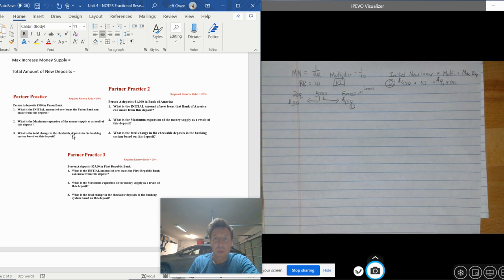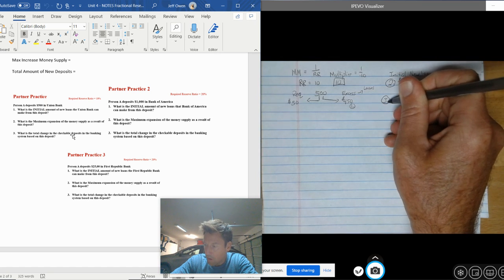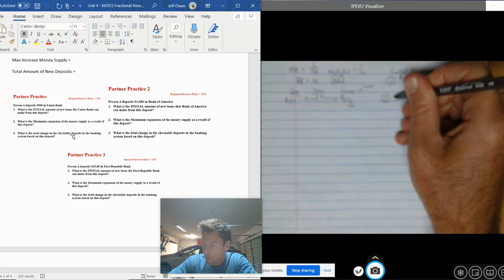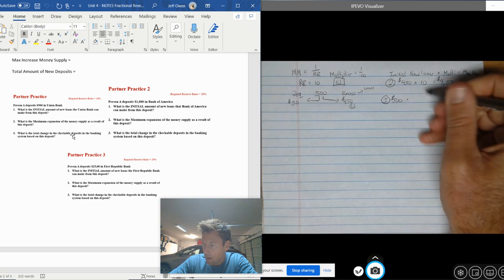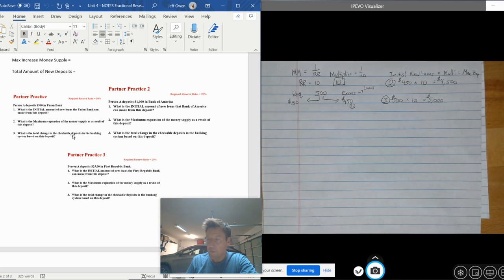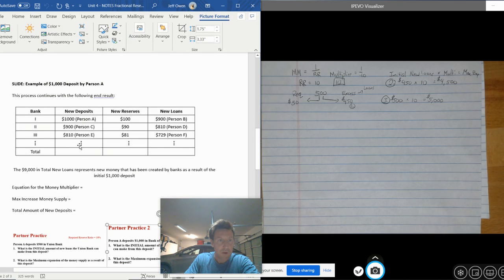Over time, it's going to result in a 5,000 increase in checkable deposits. So for 3, we would say it's our initial deposit times the money multiplier equals the maximum change in the checkable deposits of the banking system over time. And we saw that up here when we worked this one out.